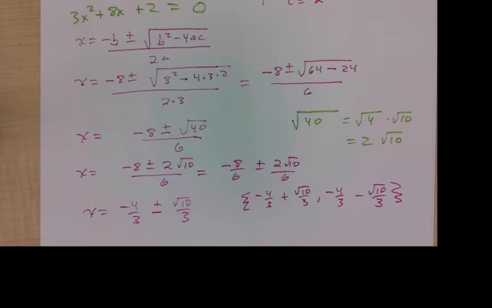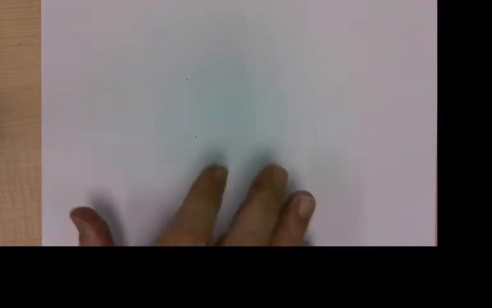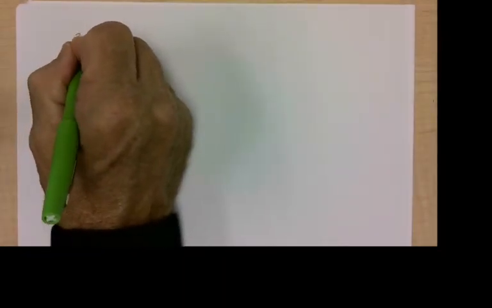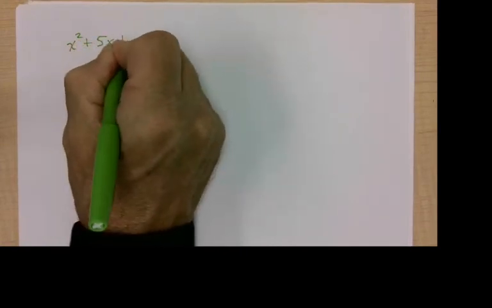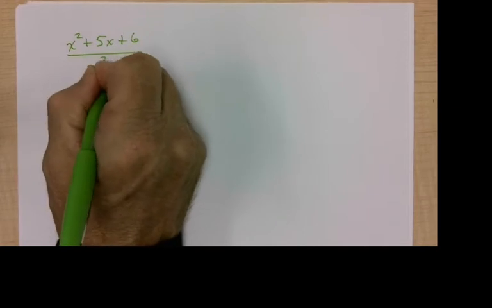We want to simplify x squared plus 5x plus 6 over x squared minus 1. So let's take a look at that. X squared plus 5x plus 6 over x squared minus 1. So I need to put them in the factor box and see what my result is.